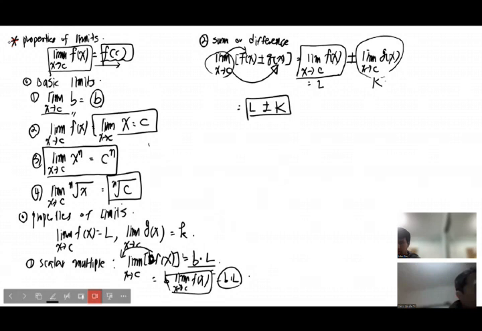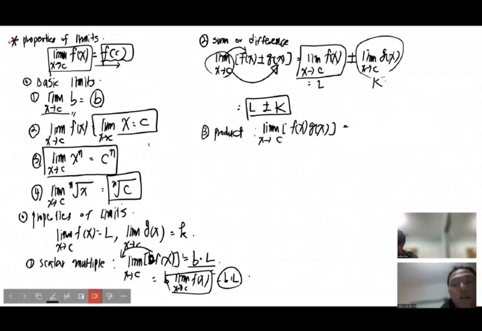Okay, and the product, number 3, product. The inside of the limit consists of f(x) and g(x) and their multiplication, their product, like this. As x goes to c, then just like the sum or difference case, that limit can be split into f(x) and g(x) separately.